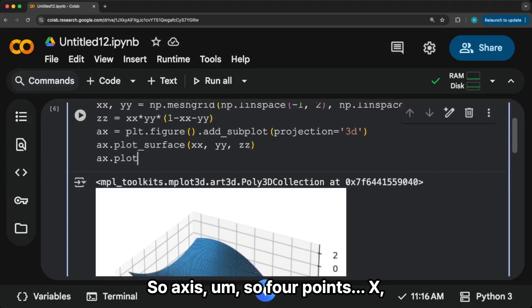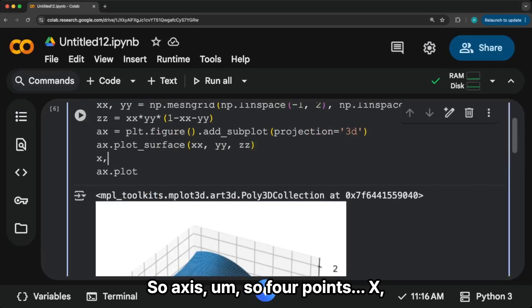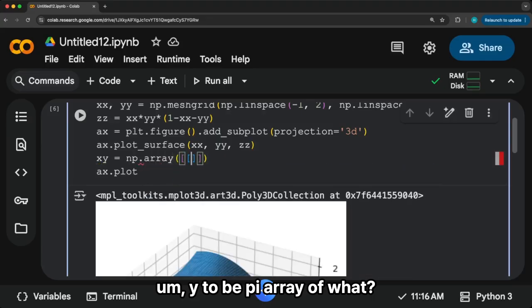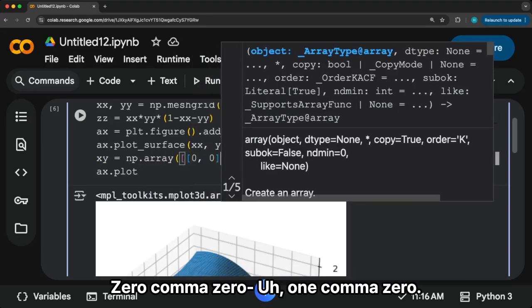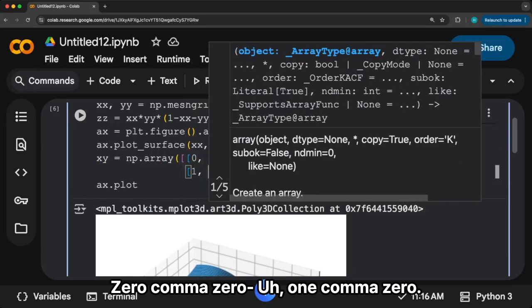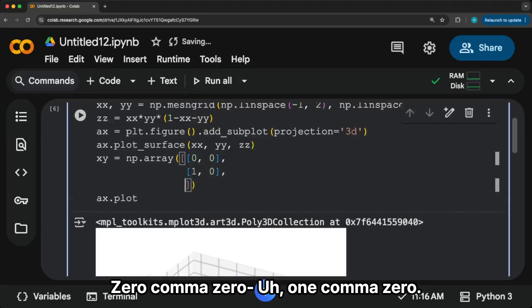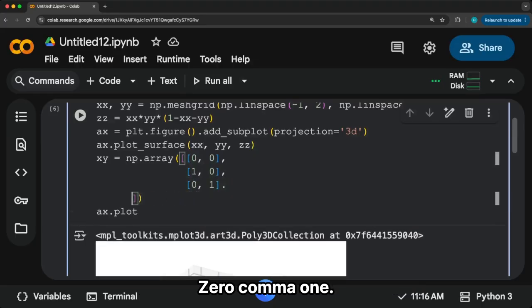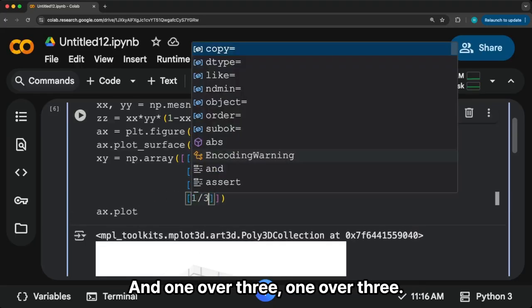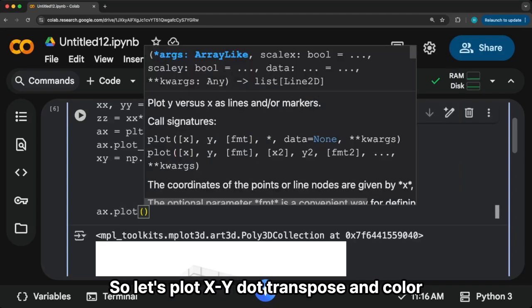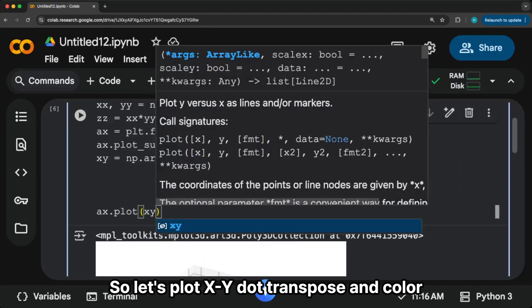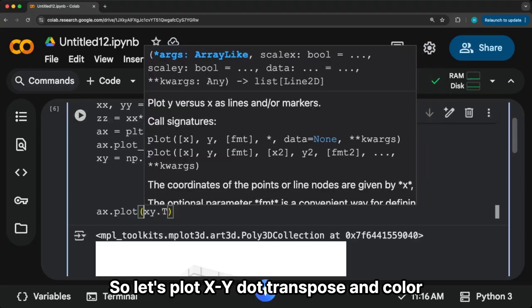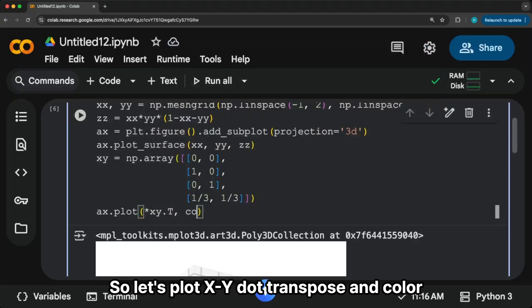So axis, 4 points, x, y to be pi array of 0, 0, 1, 0, 0, 1, and 1 over 3, 1 over 3. So let's plot x, y dot transpose and color red.